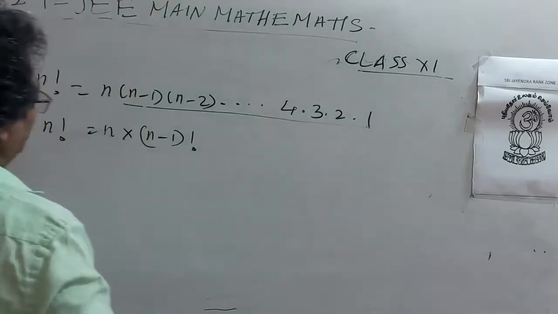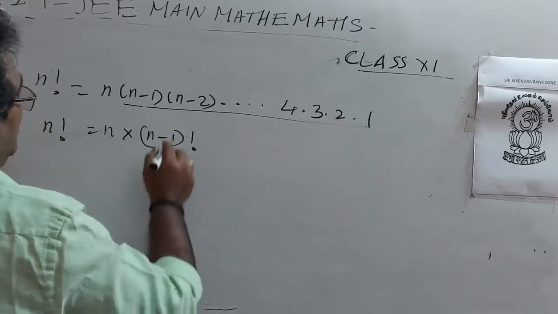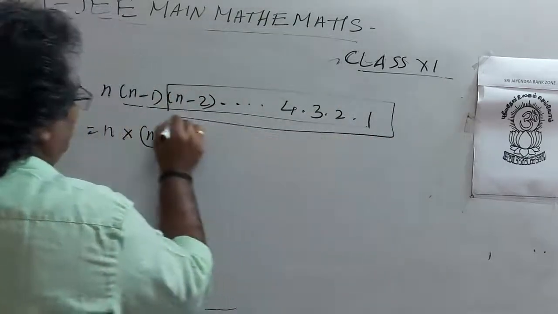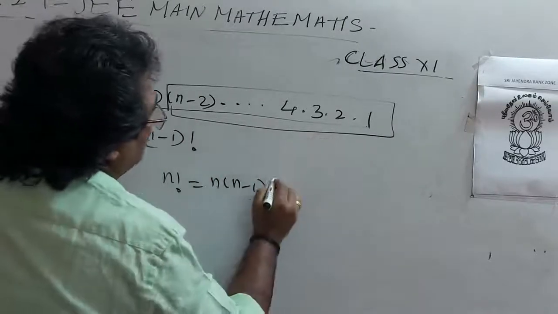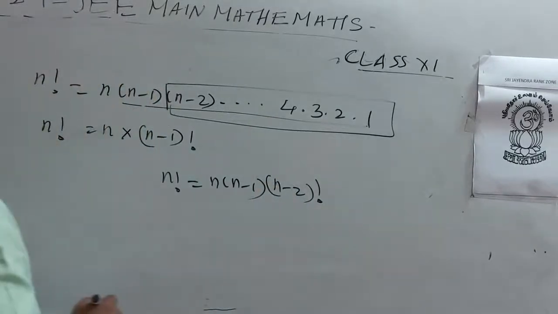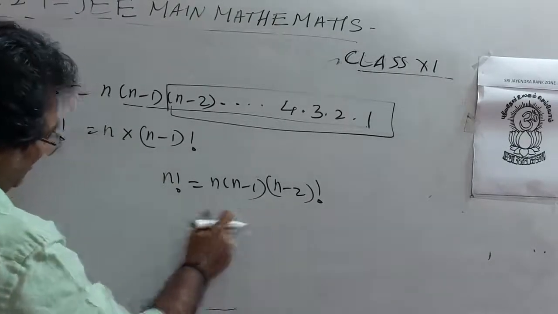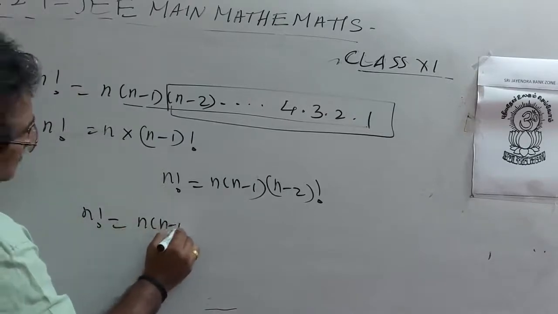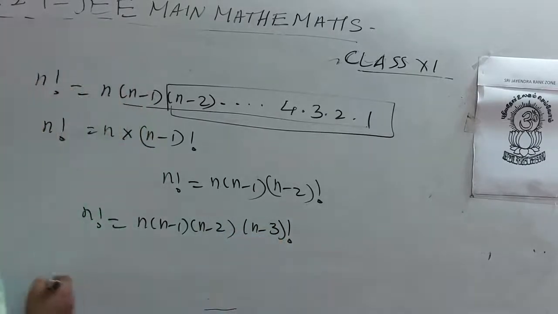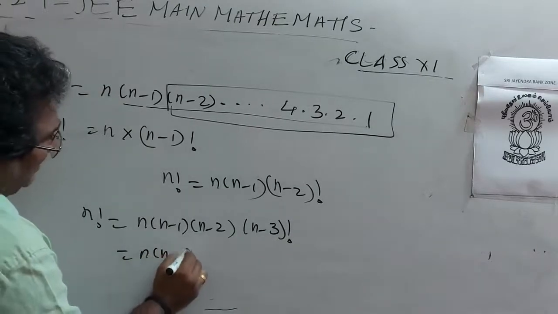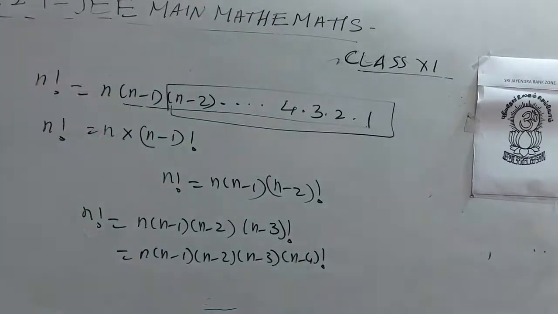Like that, n factorial equal to n into n minus 1 into n minus 2 factorial. n factorial equal to n into n minus 1 into n minus 2 into n minus 3 factorial.